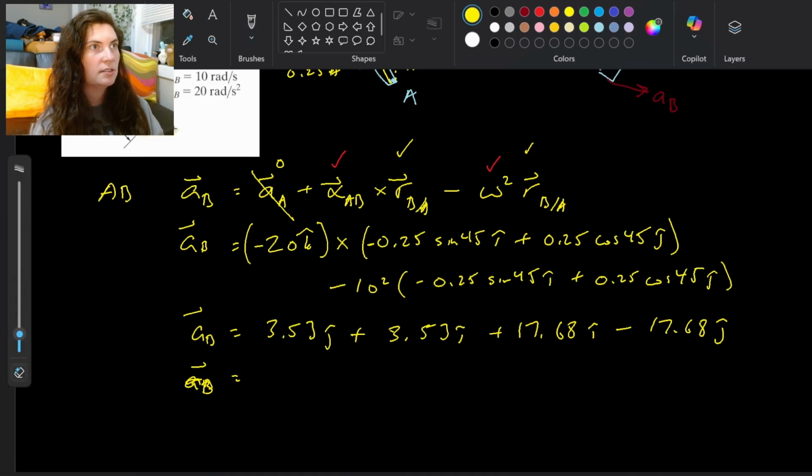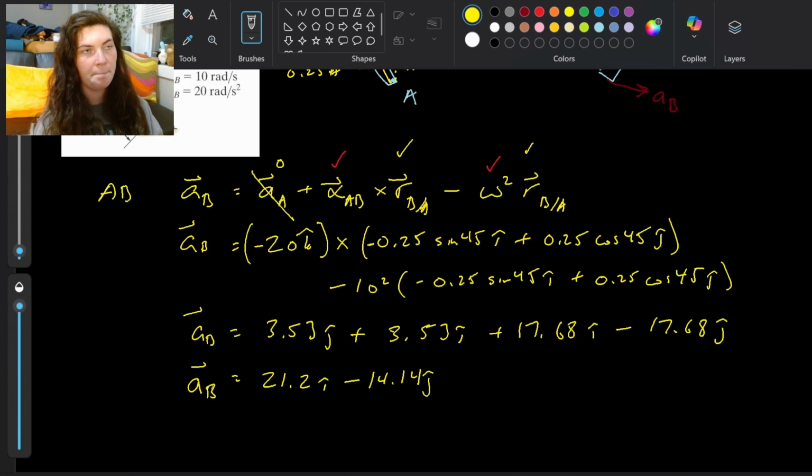So for this AB, acceleration of B, we're going to combine those and get 21.2 i hat minus 14.14 j hat. So now I know that is my acceleration vector up here.